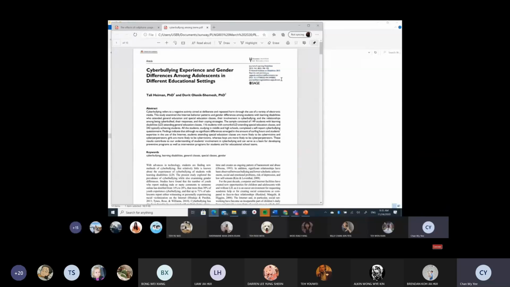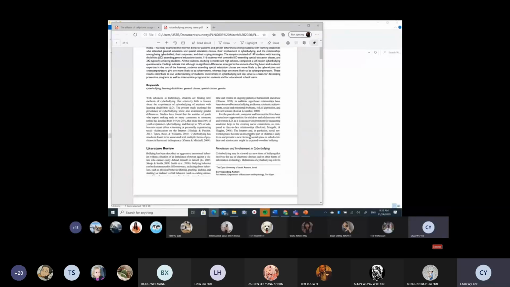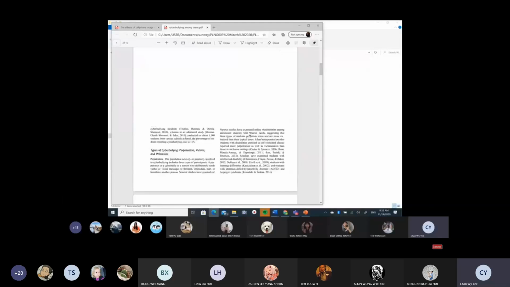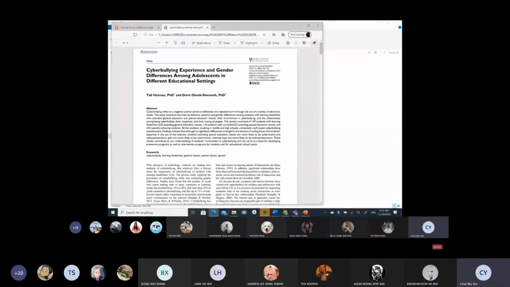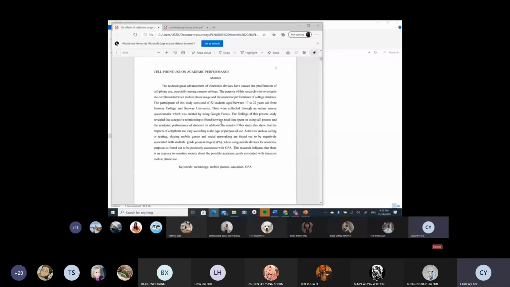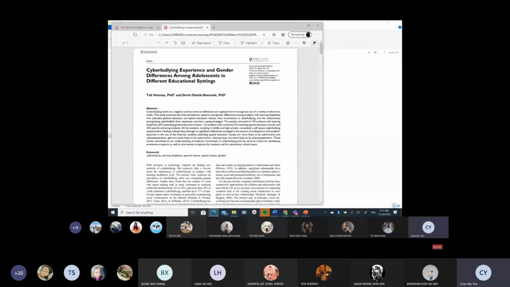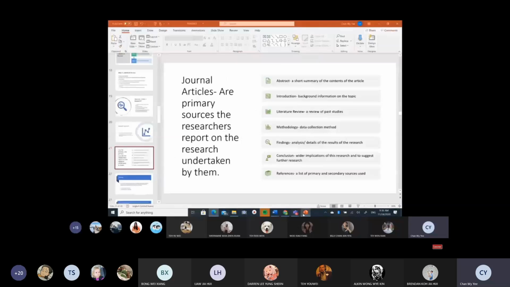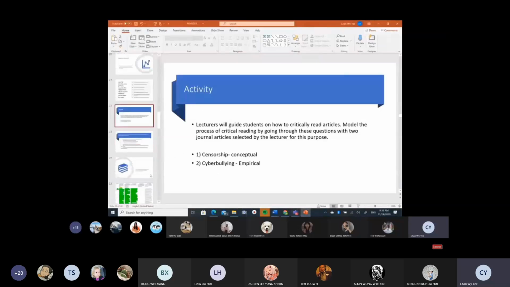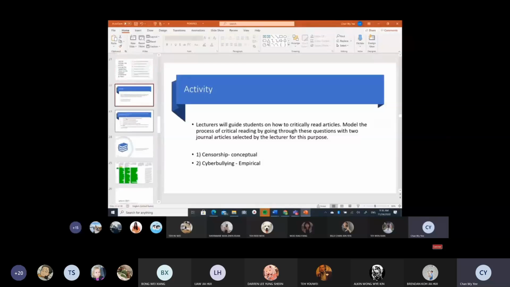There's a DOI, and there is the Journal of Learning Disabilities website. This is a journal article. This other one is a research paper, not a journal article, because it is not published. So journal articles are actually research, but they are published. Remember that. Some students came and asked me this question.